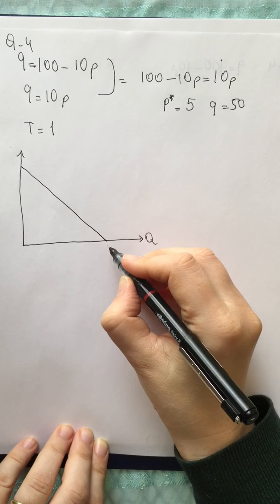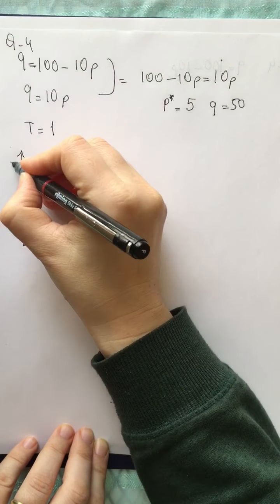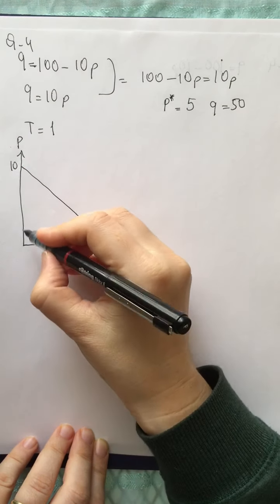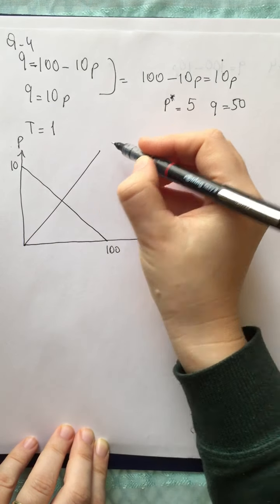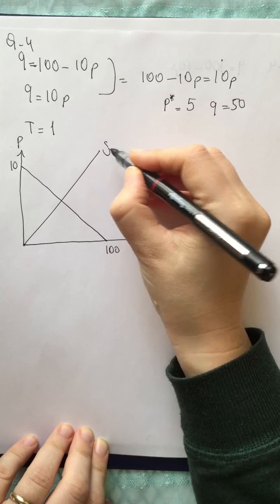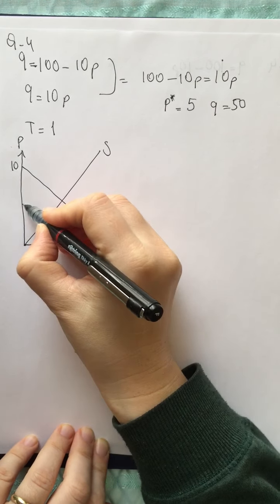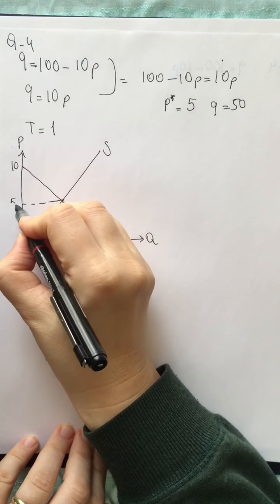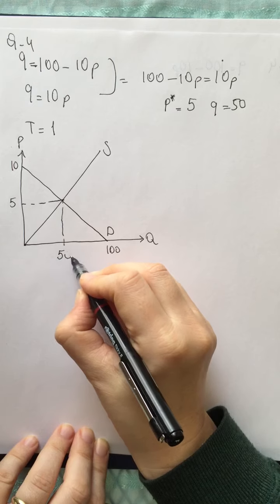Demand function, if p is 0, q is 100, and here is 10, price and quantity, and we have linear supply function satisfies the origin, and this is supply and this is demand, and at the equilibrium the price is 5 and quantity is 50.